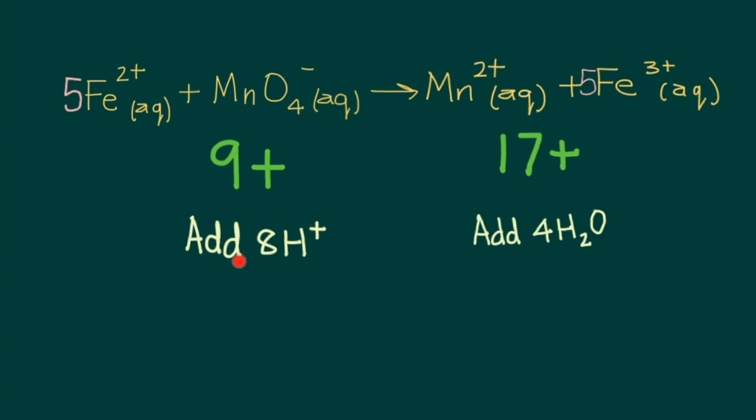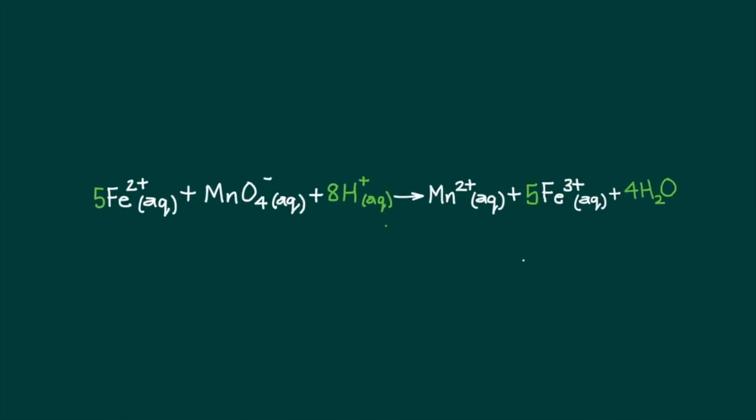But when we add H plus to this side, we need to add H's also to this side, which can come by adding 4H2O. 4 times 2 is 8 to balance the 8 hydrogens on this side. And then we also notice that 4 oxygens are balanced by these 4 oxygens, which then brings us to a final answer that looks something like this. And our redox equation in acid solution is now balanced.